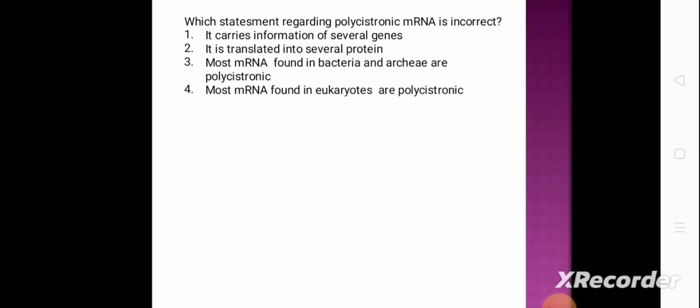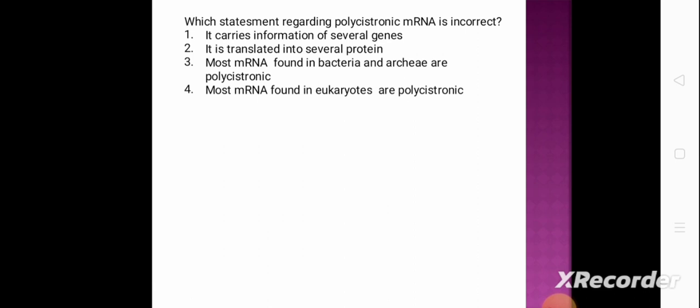Next question. Which statement regarding polycistronic mRNA is incorrect? Option 1, it carries information of several genes. Option 2, it is translated into several proteins. Option 3, most mRNA found in bacteria and archaea are polycistronic.